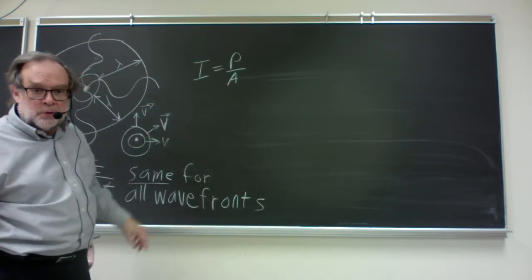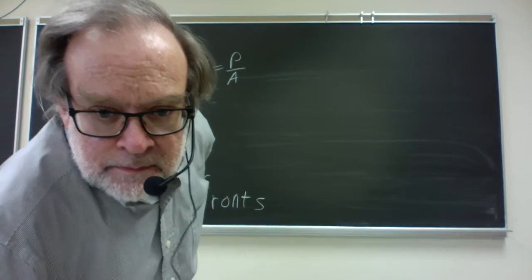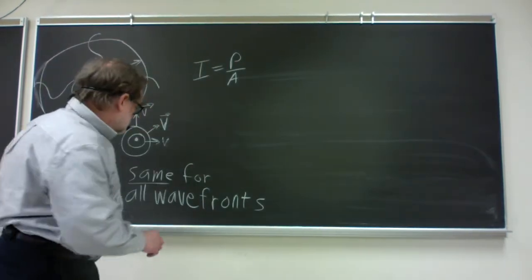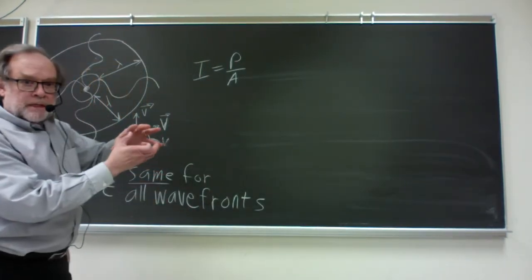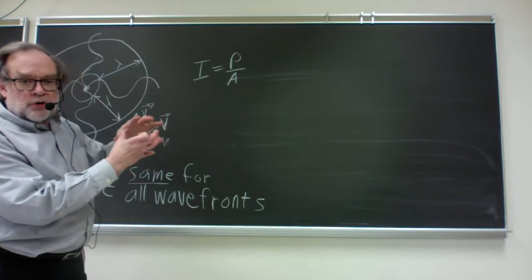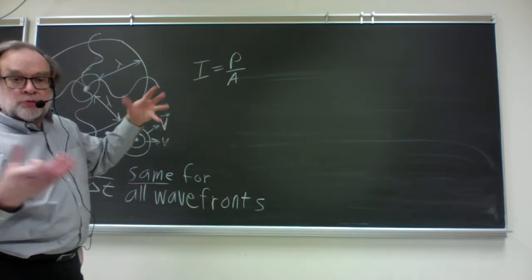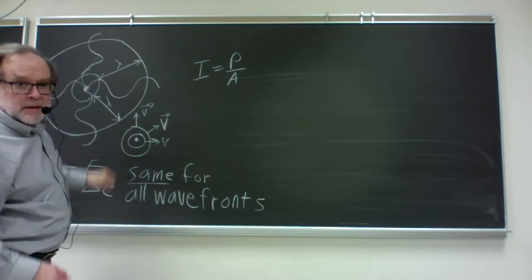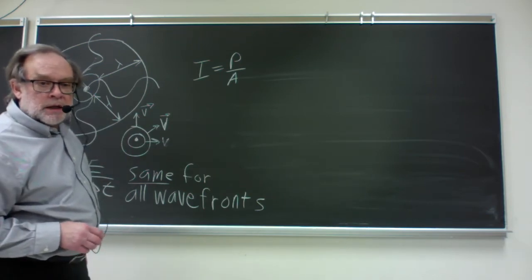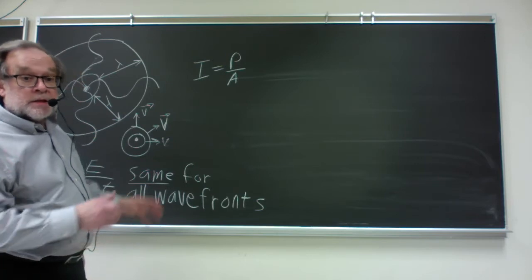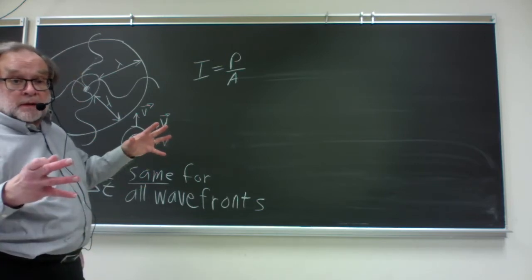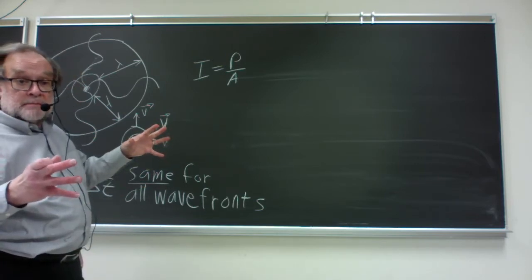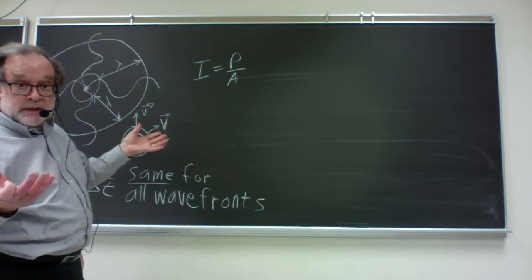So for example, let's imagine each of these spherical wavefronts passing through a sphere of points centered on the source. The same amount of power passes by any sphere, no matter what its size.